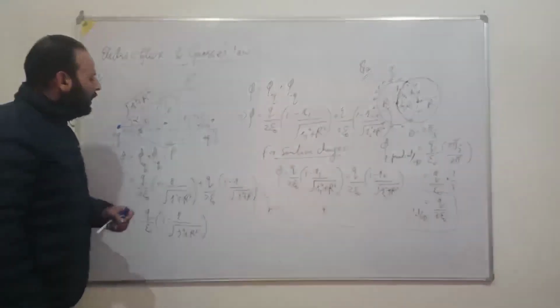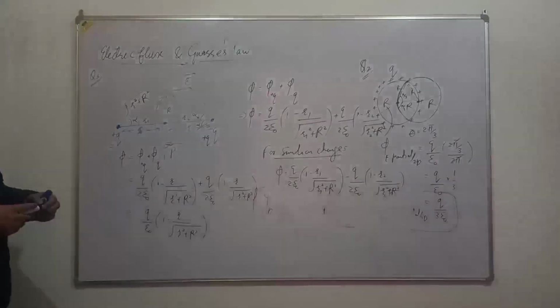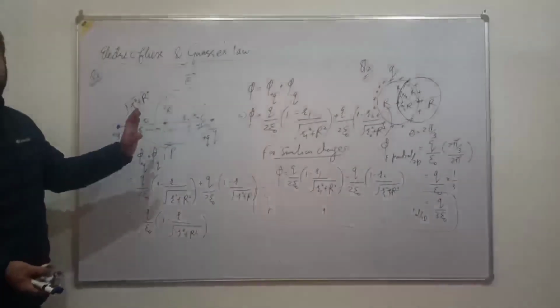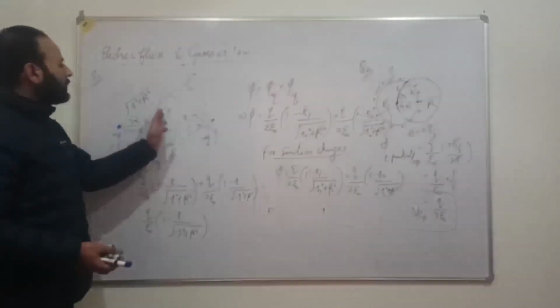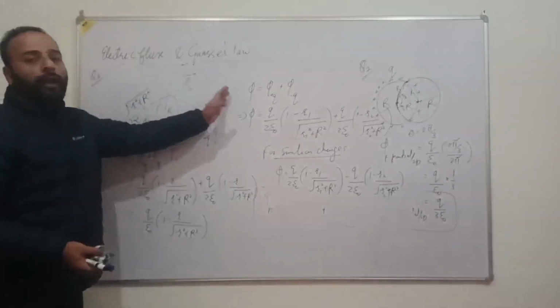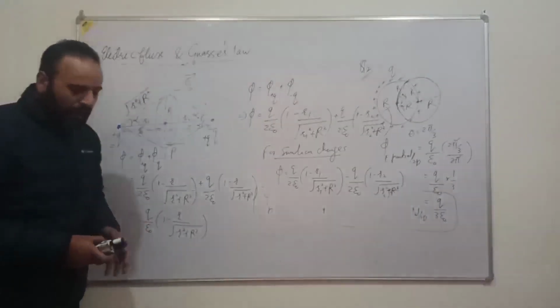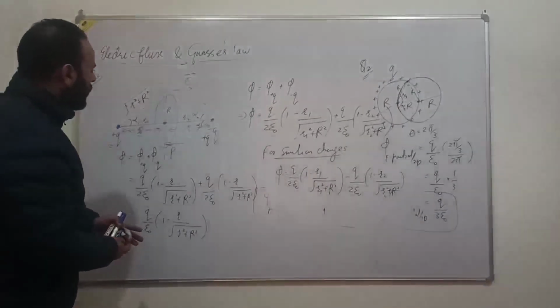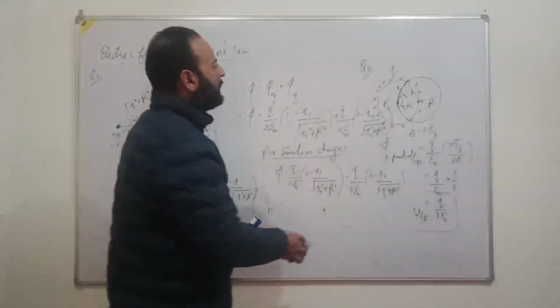Now here another question may be asked like this. If we have a dipole, what will be the electric flux through the equatorial plane? When it is asked as the electric flux through the equatorial plane of the dipole, what do we have to do in that case?